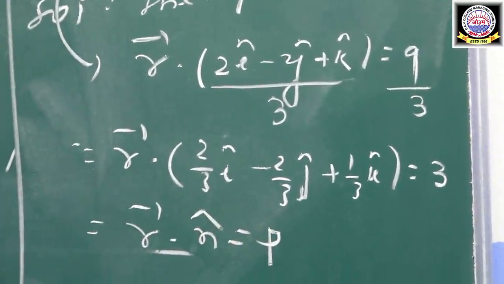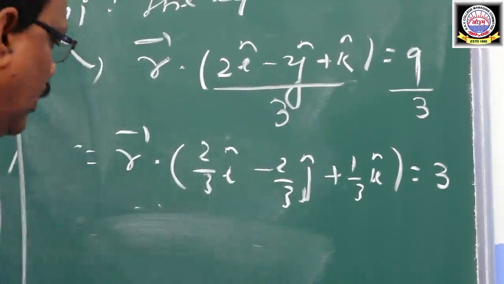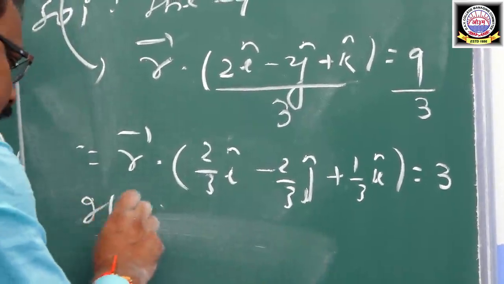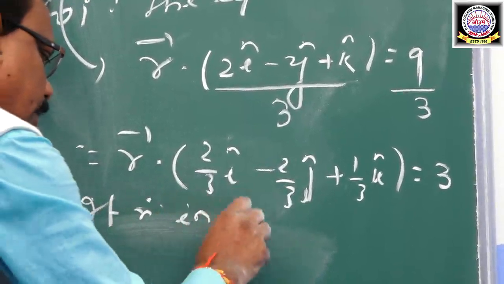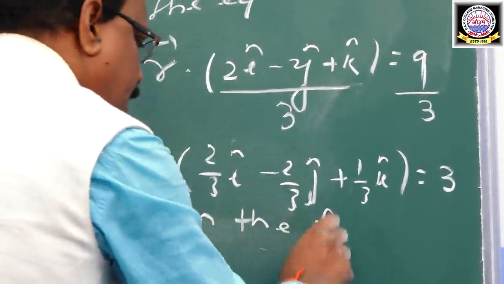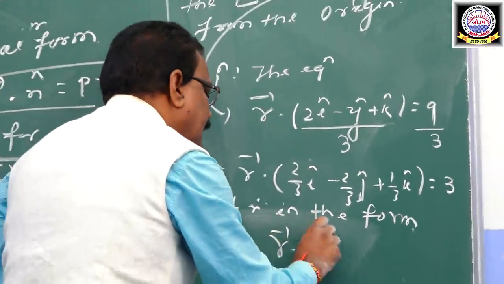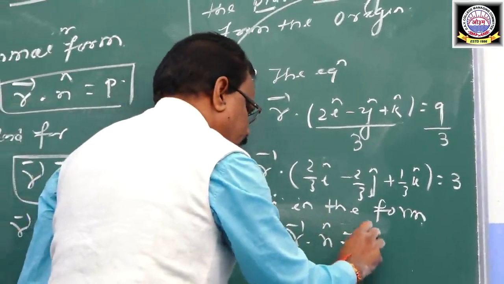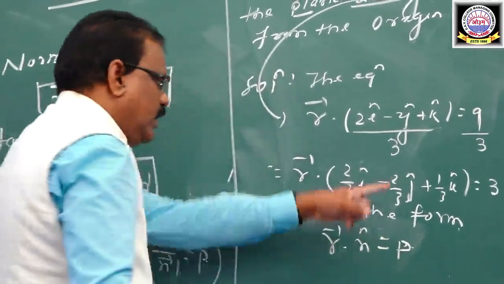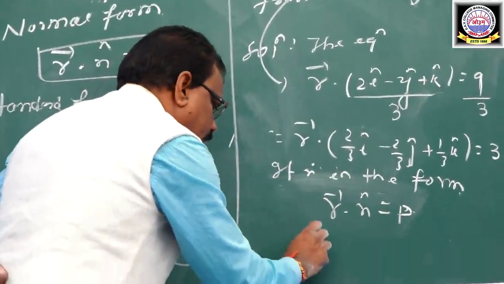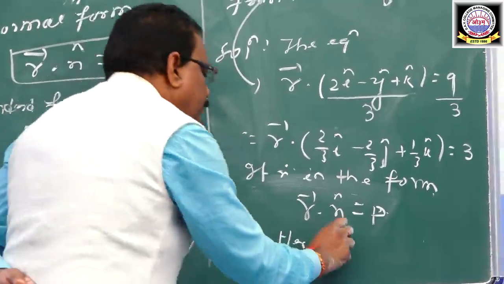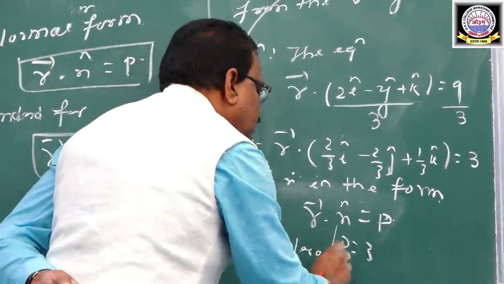It is in the form r dot n cap is equal to p. So what is the value of p? Here p is equal to 3.